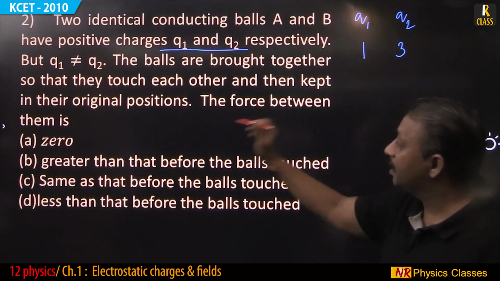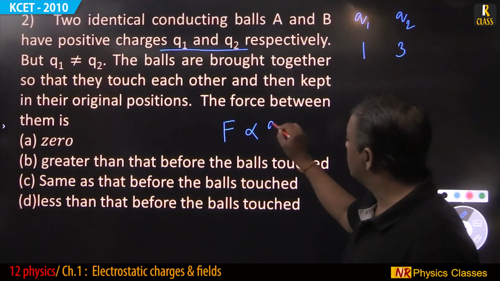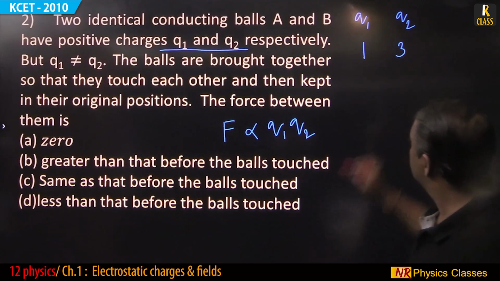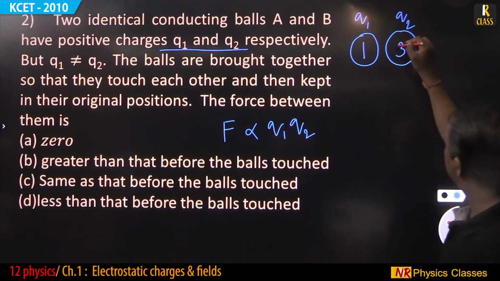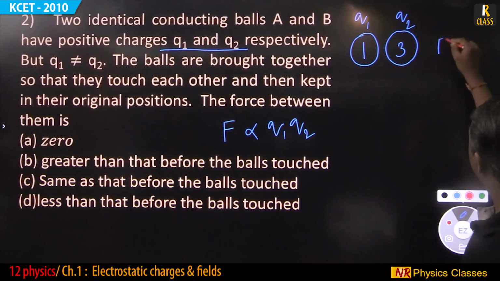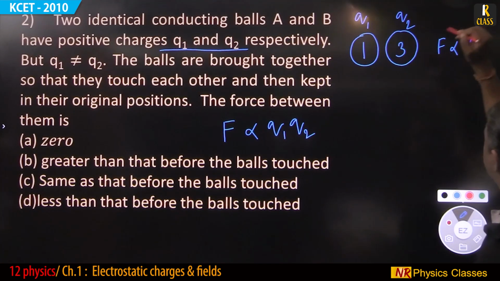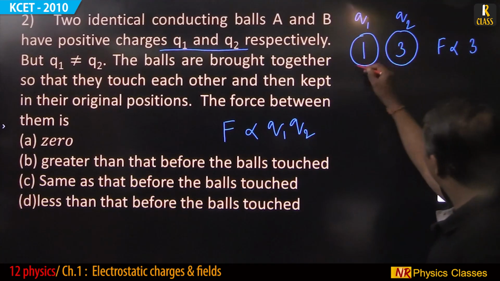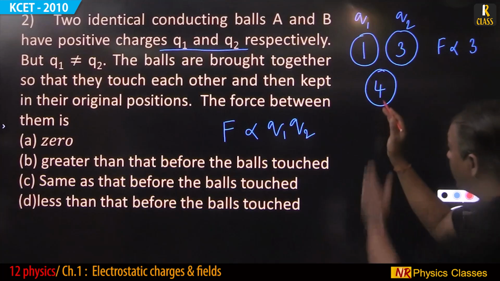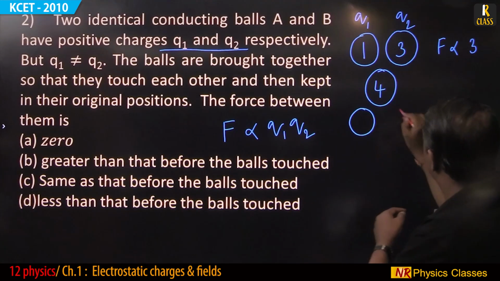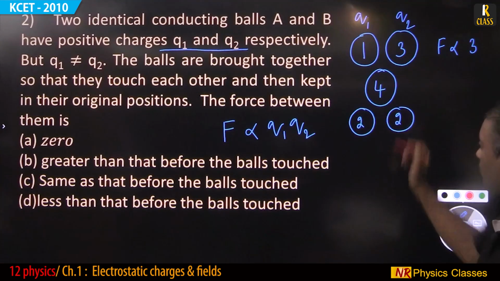The force between them: force is directly proportional to the product of the charges. Now, these two are charges, therefore force is proportional to the product of the charges, 3 into 1, 3. Now they are brought in contact. Total becomes 4. When they are separated, this 4 splits equally into 2 and 2.